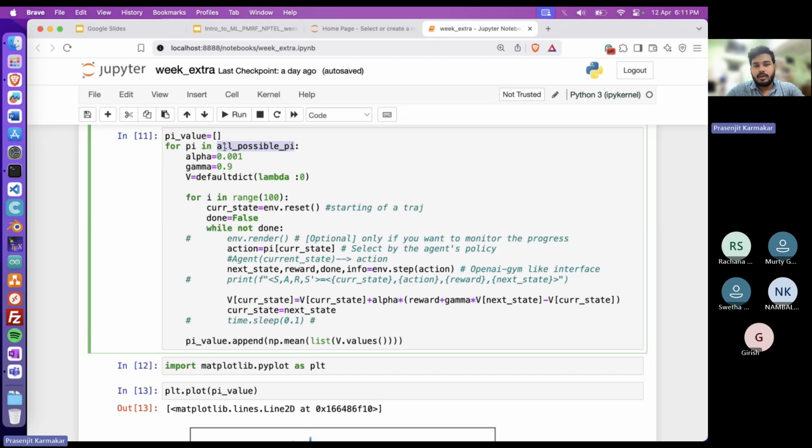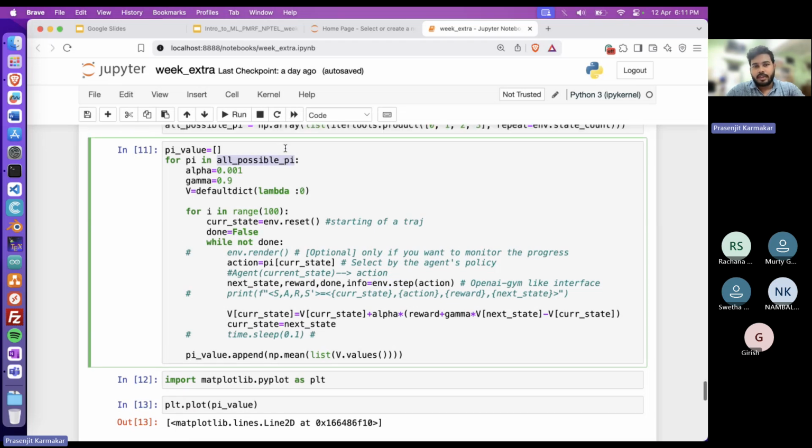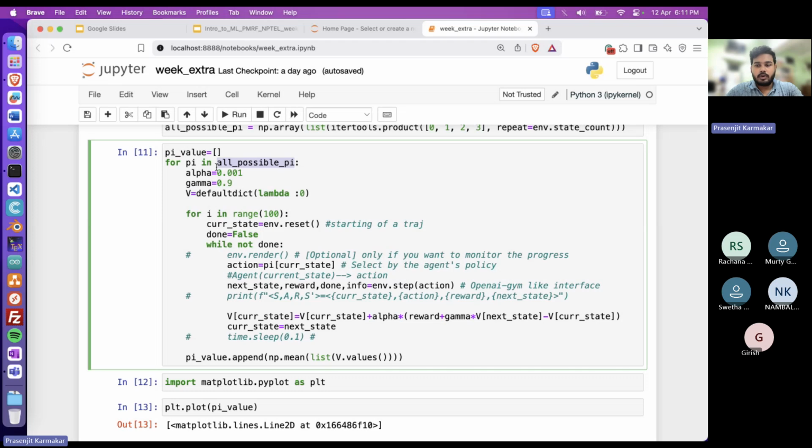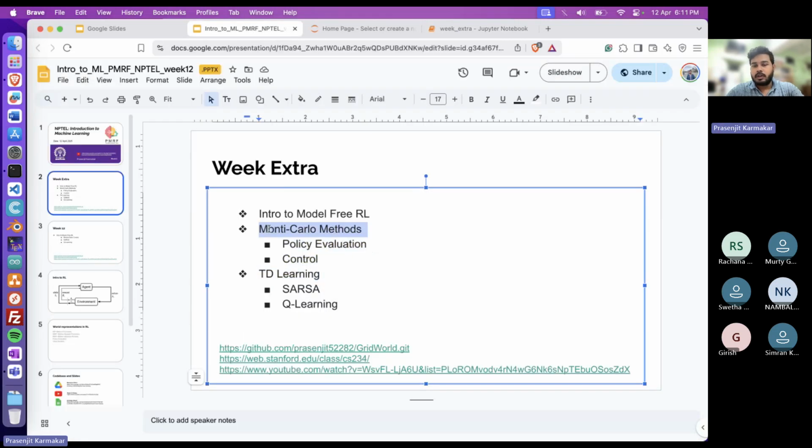Given that I know all possible policies, I can look through all the policies and ask, whatever is my average value function, I can maintain a list, and based on the maximum value that we got, we can find out what is the optimal policy in that environment. That we did yesterday, right? So basically, we used this Monte Carlo method for policy evaluation. Given a policy, I can evaluate how good or bad it is.